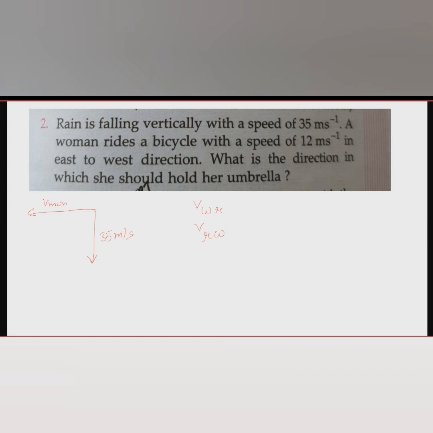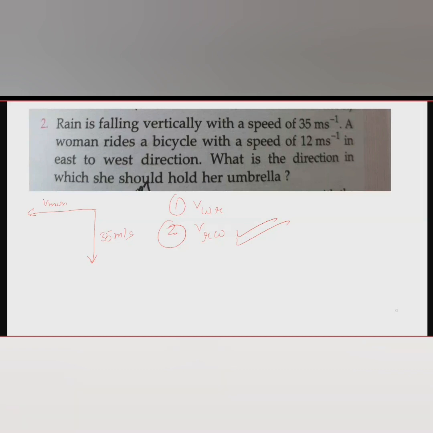Yes, this is exactly similar to the rain and man problem that we have done. We will calculate the second one, velocity of rain as seen by the woman.